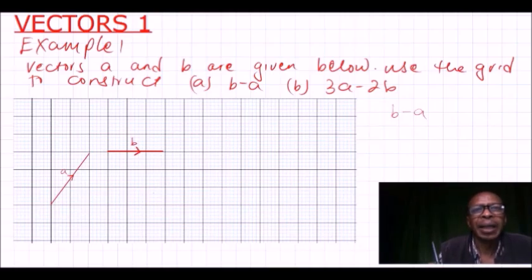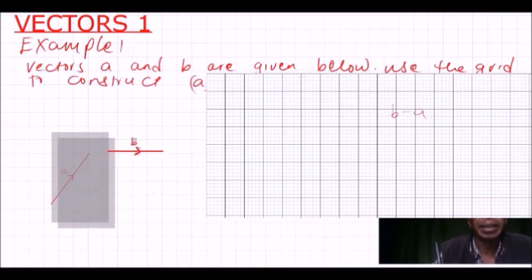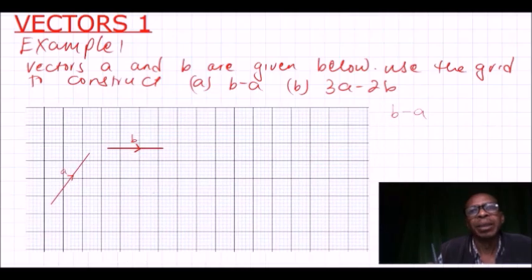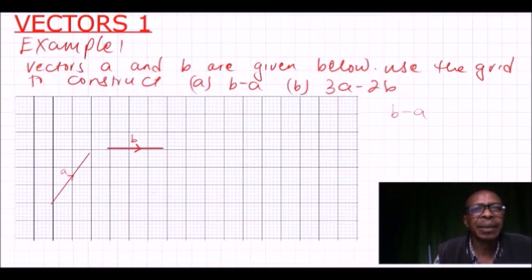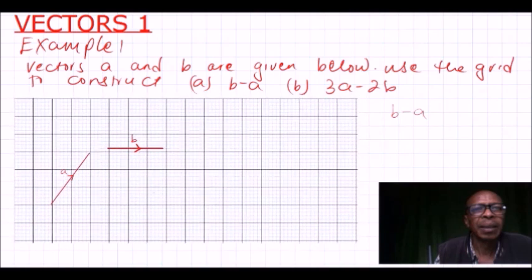So that is vector B, and we can combine this. Then we bring back our grid. It is like that. We can bring our B there.